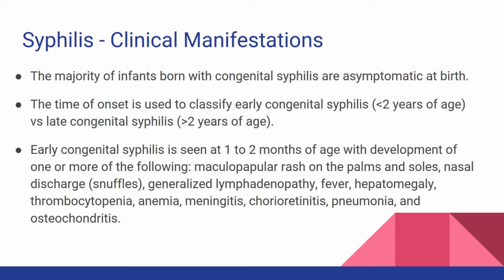One key finding would be maculopapular rash, specifically on the palms and soles. And we always hear about nasal discharge, also called snuffles. There can be generalized lymphadenopathy, fever, hepatomegaly, thrombocytopenia, anemia, meningitis, chorioretinitis, pneumonia, and osteochondritis. Interestingly, most infants are asymptomatic though, but may have low birth weight.